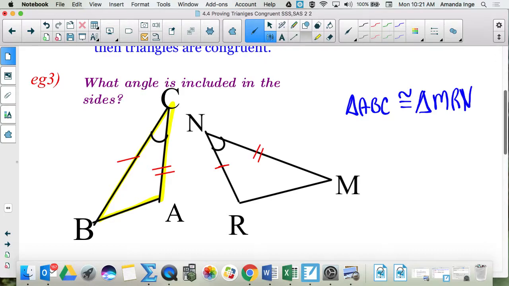So because side BC is congruent to side RN, and side AC is congruent to side what? MN.